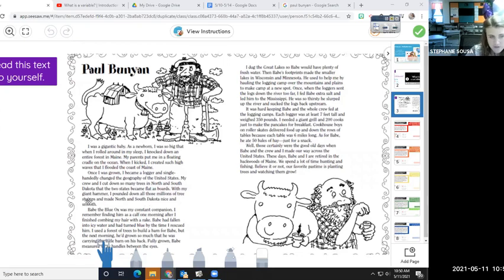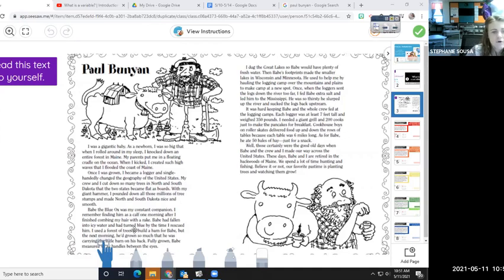That didn't happen either. Babe, the blue ox, was my constant companion. I remember finding him as a calf one morning after I finished combing my hair with a rake. Babe had fallen into an icy river and turned blue by the time I rescued him.